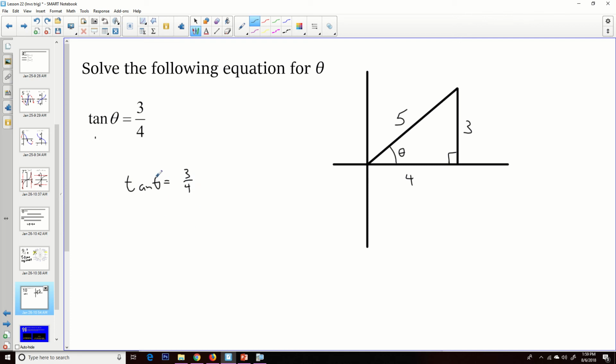Now, most of the times you're not going to do this intermediate step because it's fairly simple and you'll get it and skip over it. But we do want to say this is what we're actually doing. We are actually taking the arctangent of both sides.